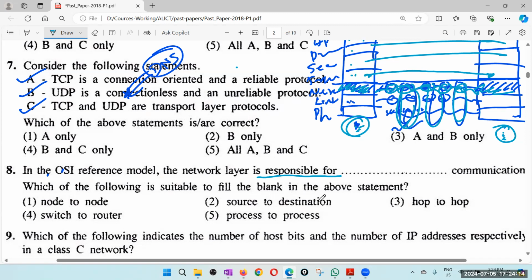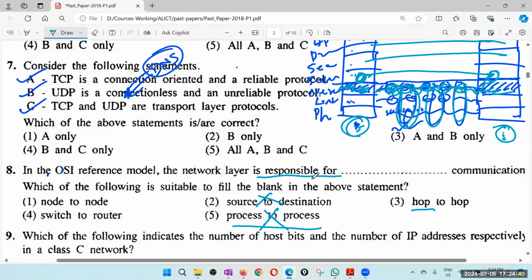So this is not source to destination. Now we have a little bit of confusing wording. Hop to hop, process to process. Process to process means a process running here to a process running here. So it can't be process to process, because at the network layer the intermediate routers are interested. So at least I can eliminate source to destination.